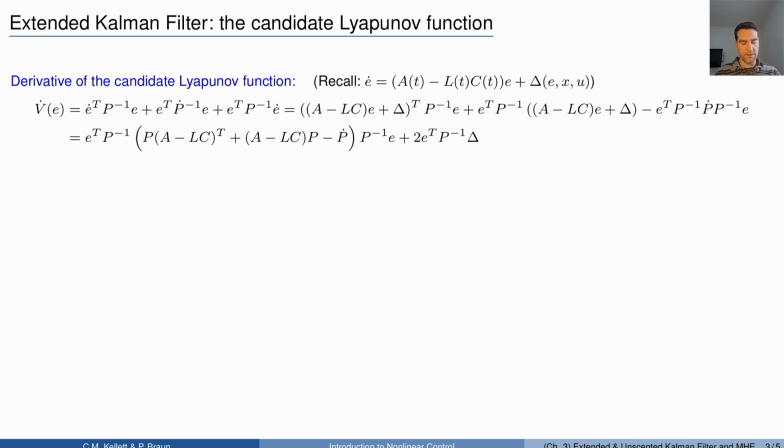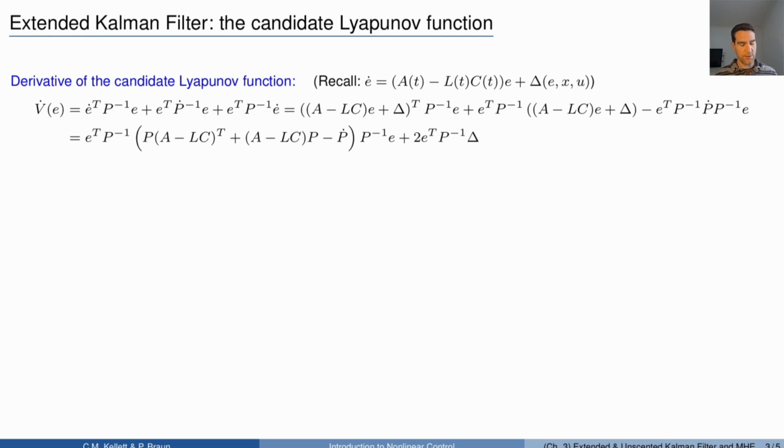Okay, but having said that, now we want to show that this candidate Lyapunov function is indeed a Lyapunov function if we design L and P appropriately, to then guarantee exponential stability of the origin of our error dynamics.